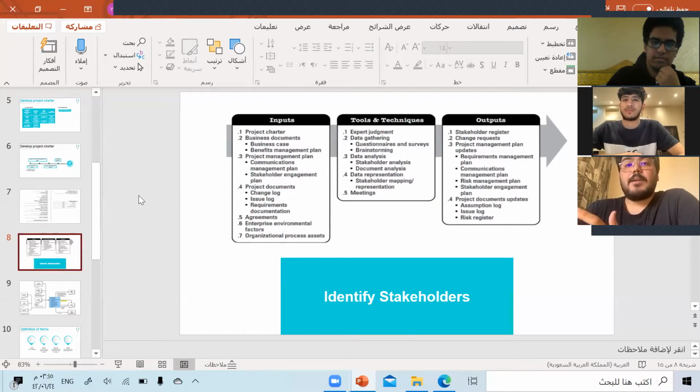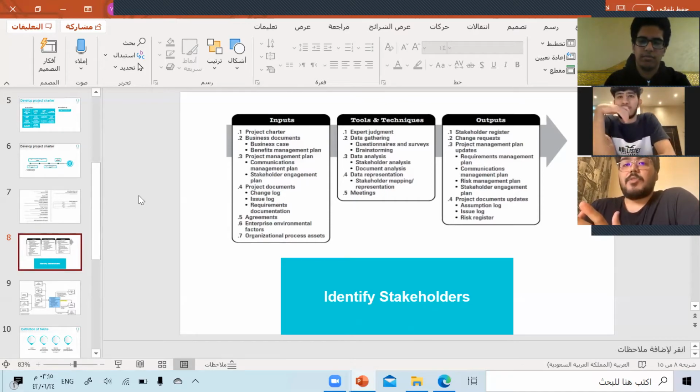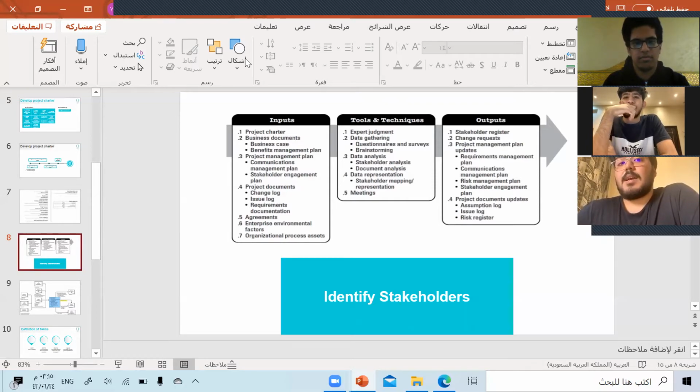In the PMI organization, every project process should have inputs and outputs, and to get the output we should have the tools and techniques to help us get the result. Here in the left box, we have the inputs.